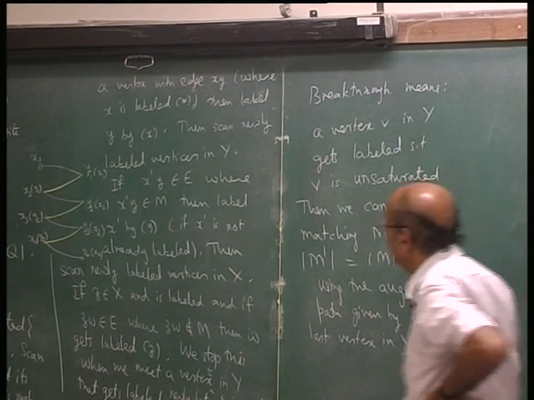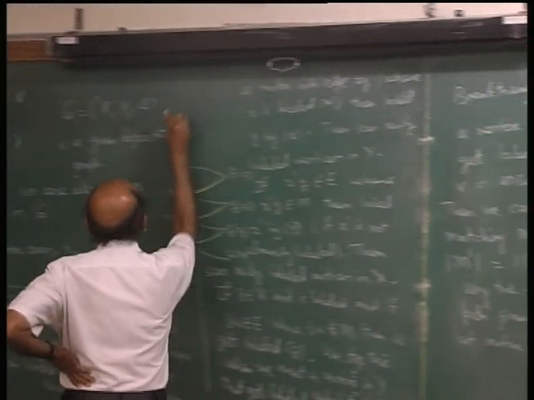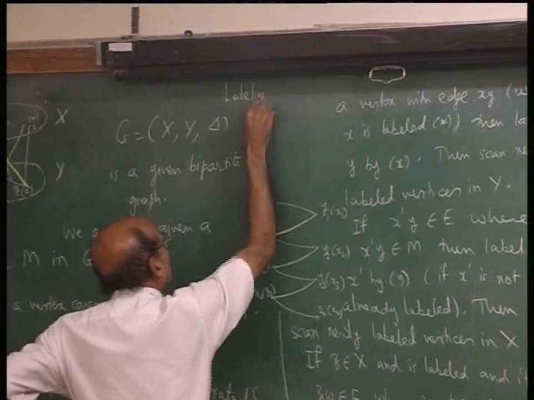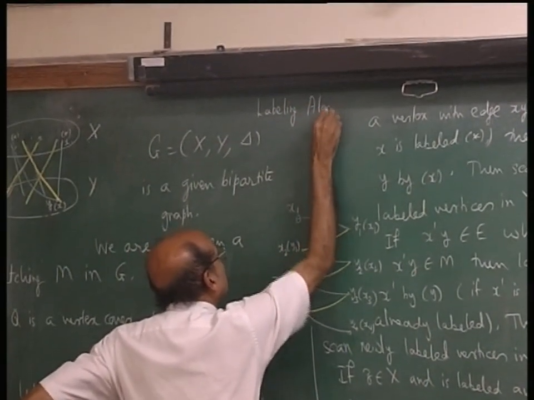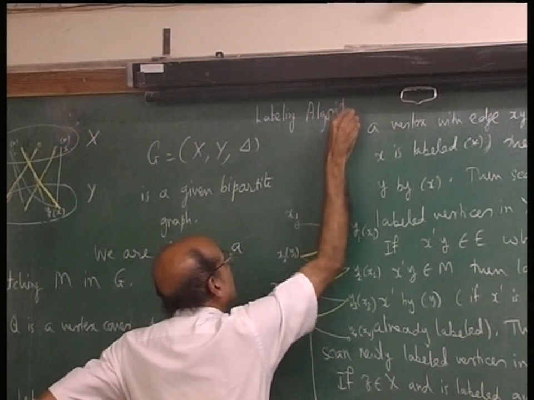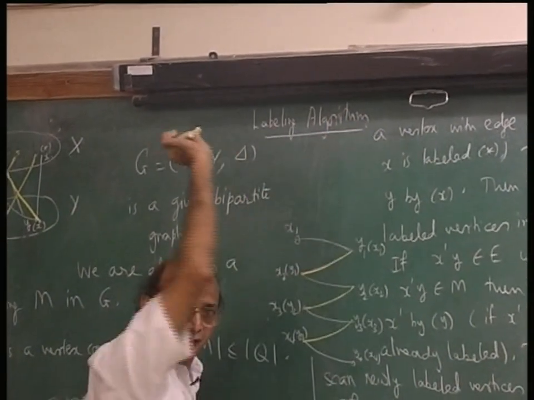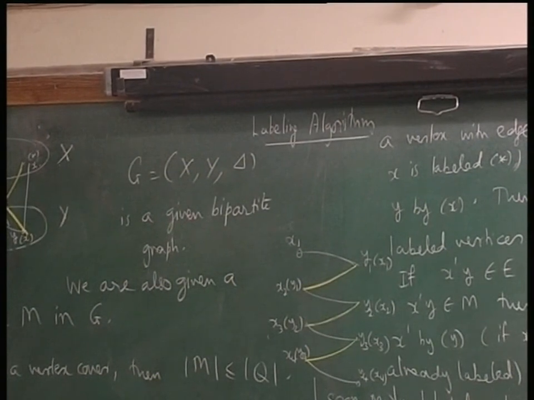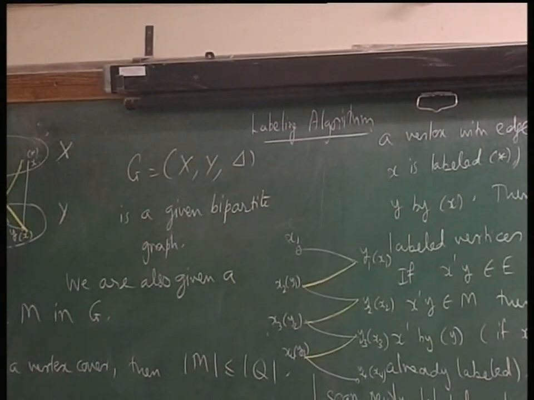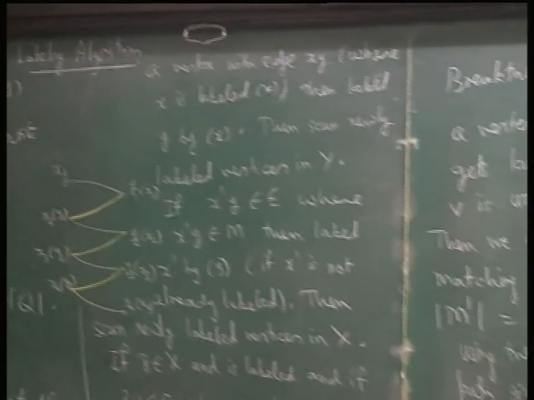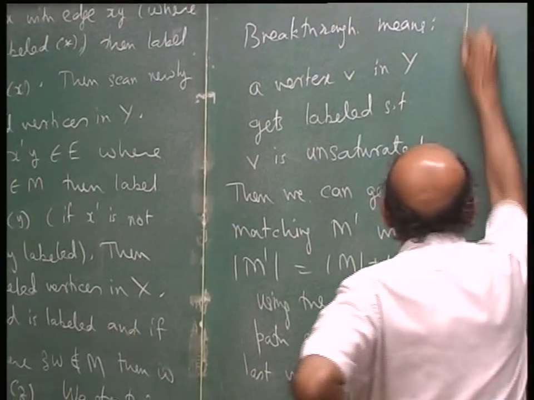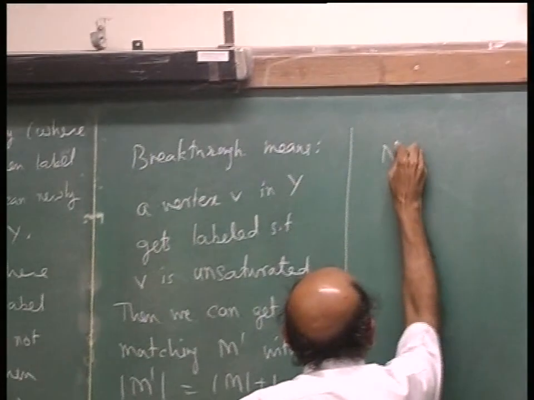This algorithm, by the way, I didn't tell you what this is. There are many names to this. One can call it the labeling algorithm. So now we have a definition of non-breakthrough.